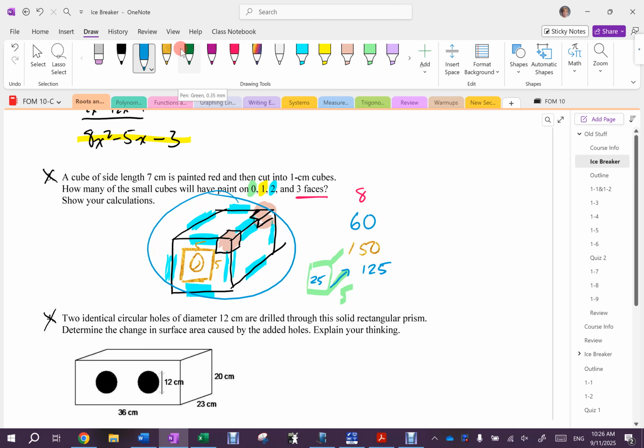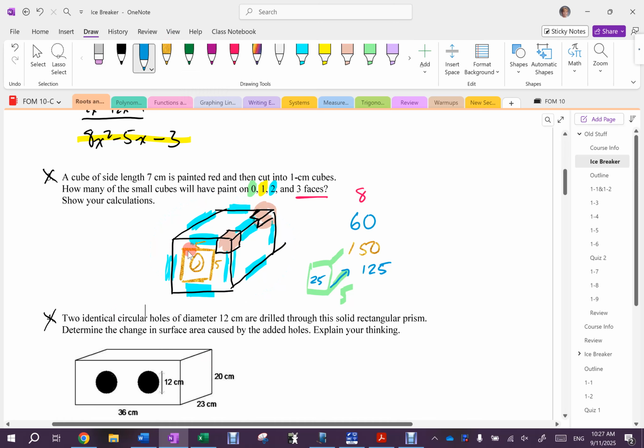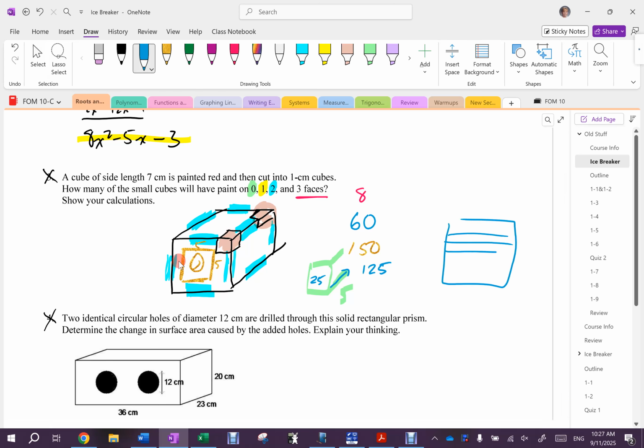The yellow one. Okay. So you're aware that each blue line is 5, yes? So in the middle of this face, this yellow line right here is 5, and this yellow line is 5, right? So I have a square that is 5 down and 5 across, right?